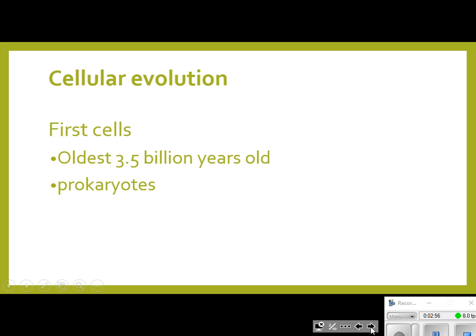Now, we know about prokaryotes. Okay, what can you tell me about a prokaryote? We've discussed prokaryotes before. Fletcher? They do not have a nucleus. That was the big thing.